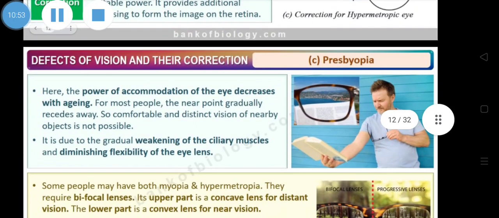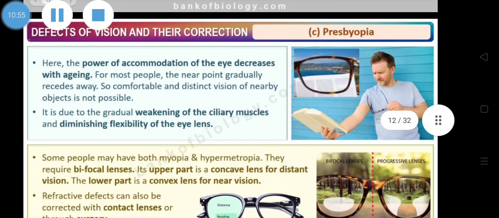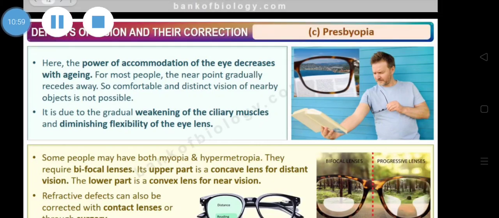The last one is presbyopia. Here the power of accommodation of the eye decreases with aging. In most people, the near point gradually recedes away, and so comfortable and distinct vision of nearby objects is not possible.